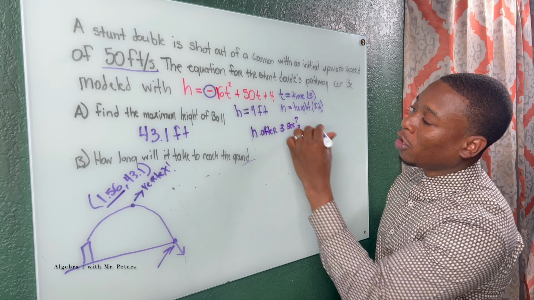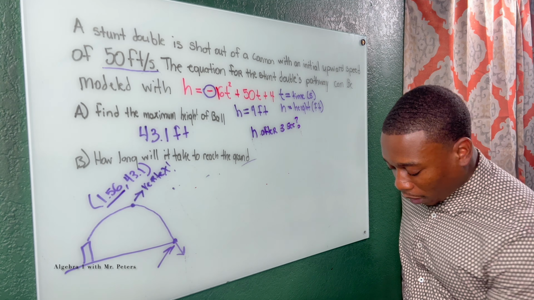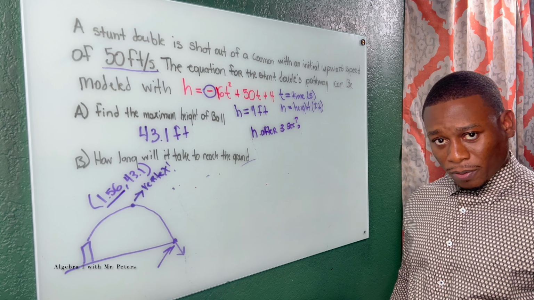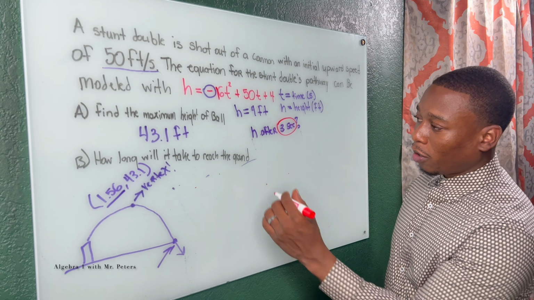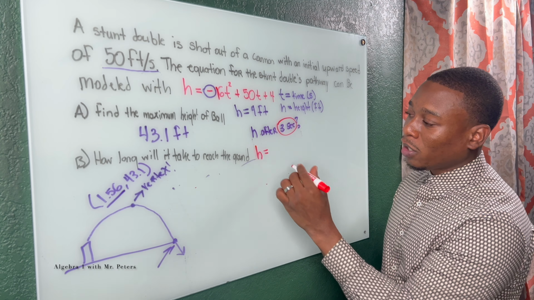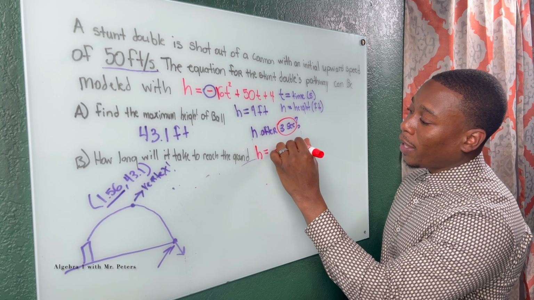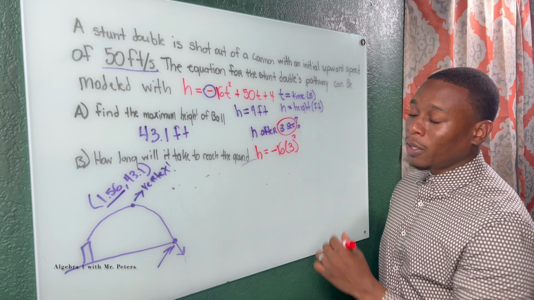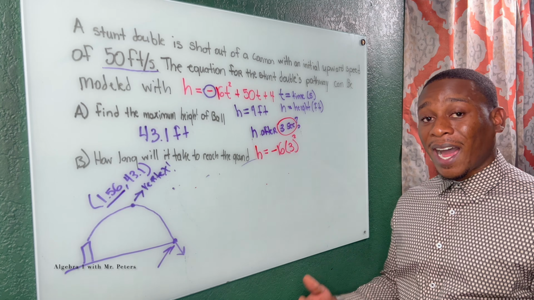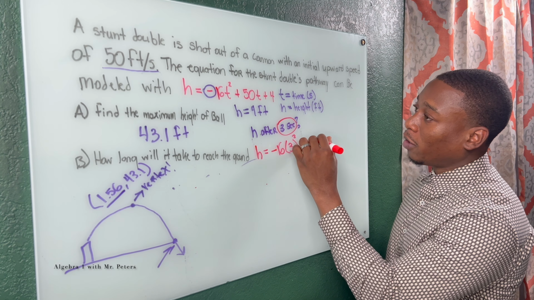So how do we solve this? I'm glad you guys asked. Very simple. So if they ask us for the height after 3 seconds, we just have to plug in and solve. We don't know what h is, but we know that if we plug in 3 for t, because t represents time, we could then determine the height of the stunt double. So let's fill it in.